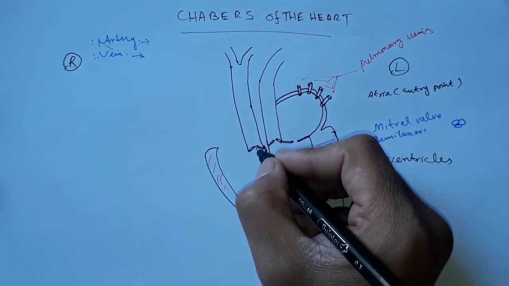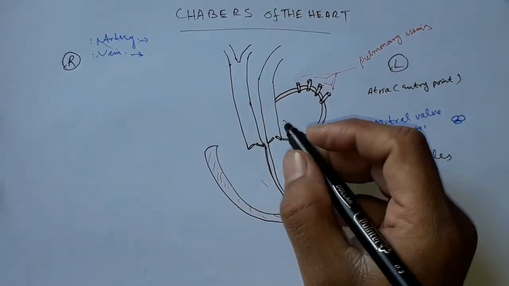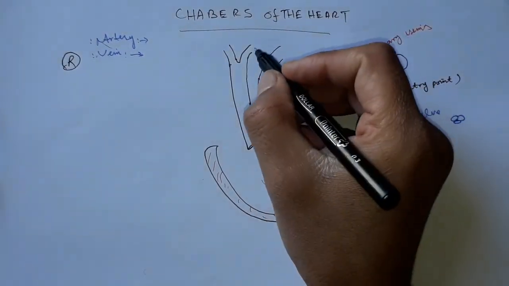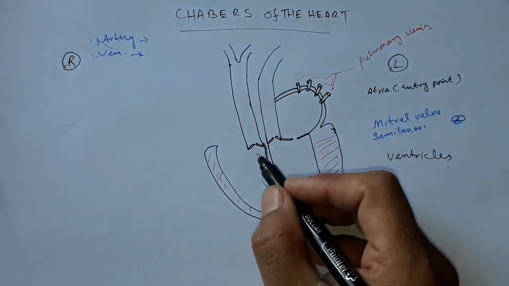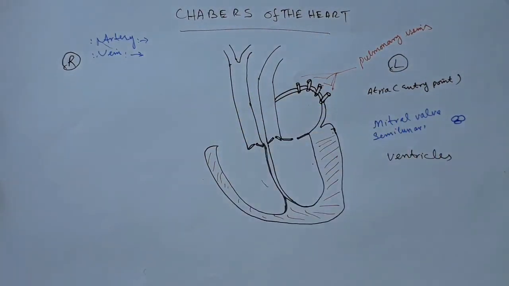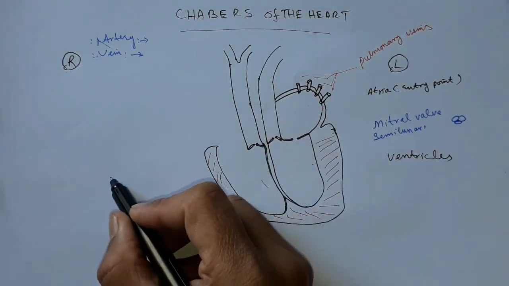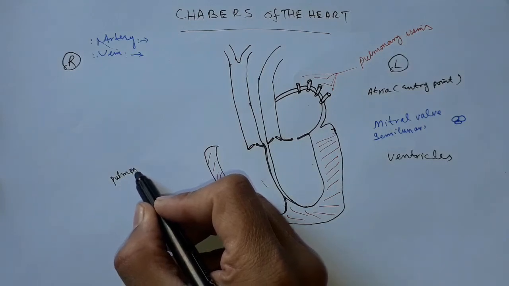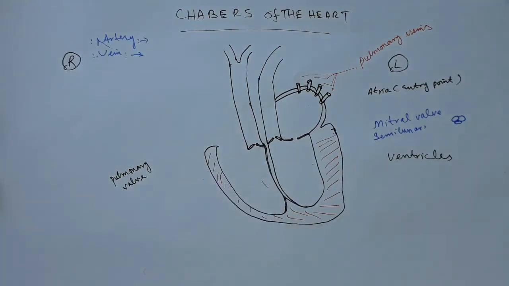And this larger artery divides into 2, and it carries blood from the heart to the lungs. The valve here is called the pulmonary valve, and it is also a semi-lunar valve.